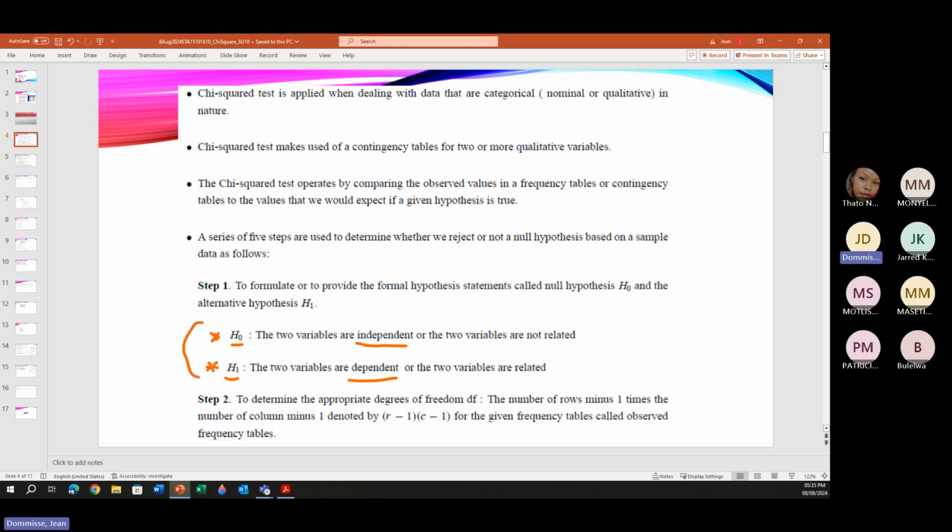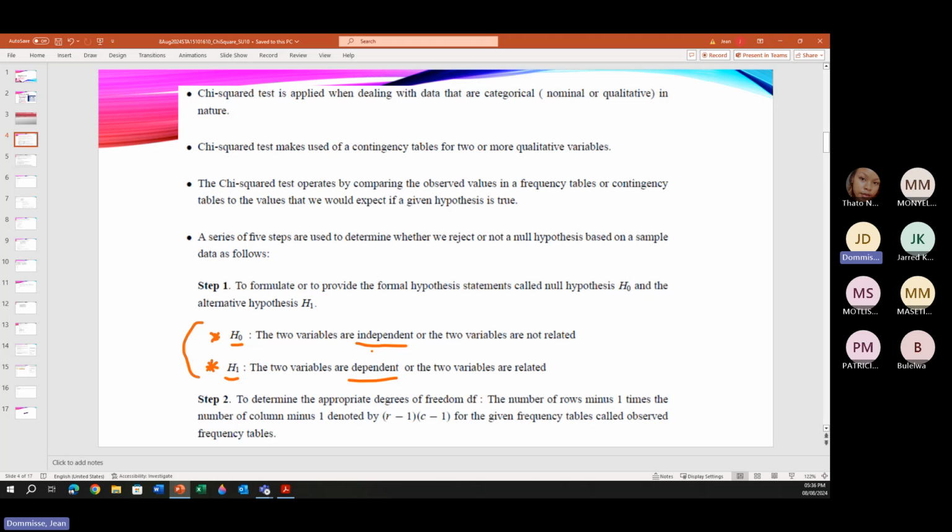Okay, and it is important to remember that, because when we get to questions, they might ask which one is incorrect, and one can say the two variables are dependent. So they might just say the null hypothesis, two variables are dependent.